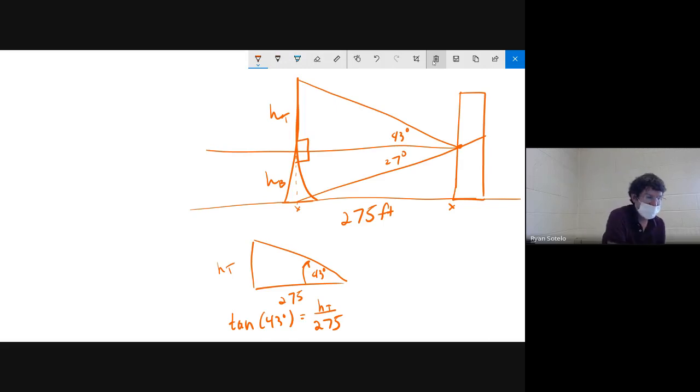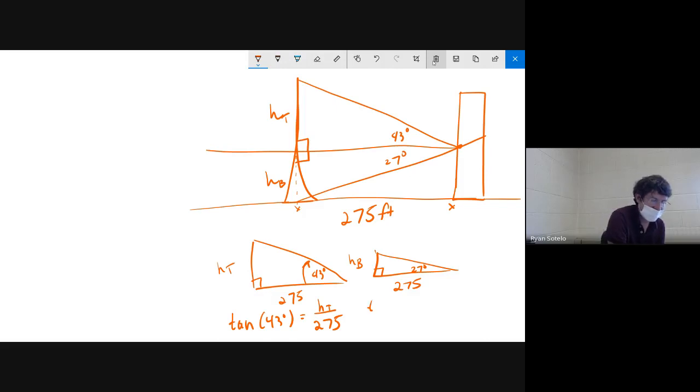My other triangle, I'm going to flip it upside down. I'll call this height to the bottom. It's 27 degrees, and it's also 275 base. I'm going to do the same thing because it's opposite over adjacent.